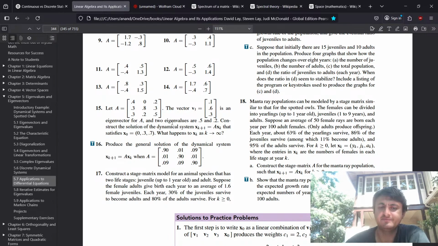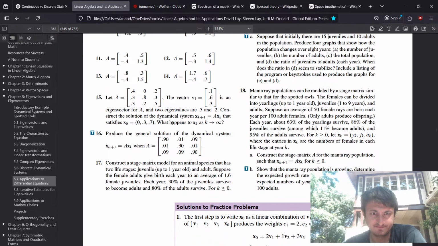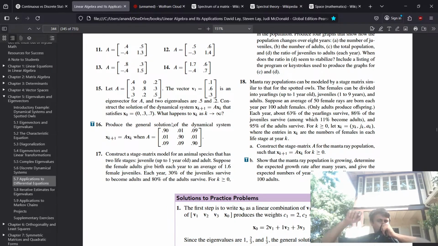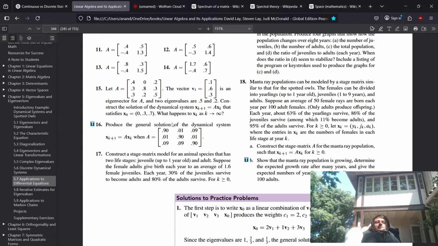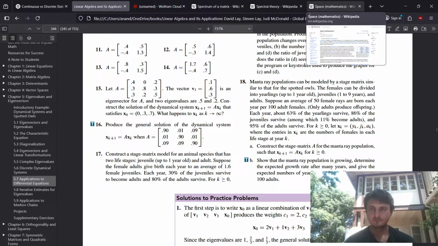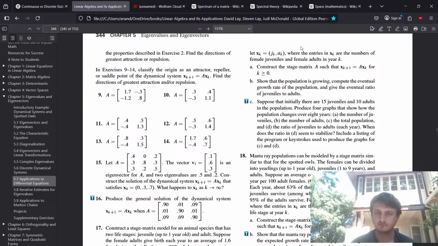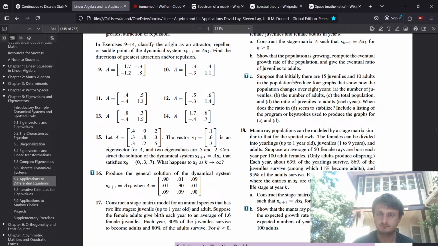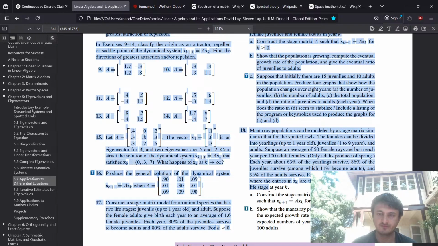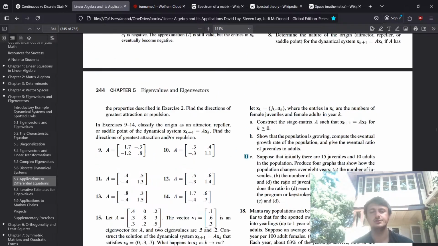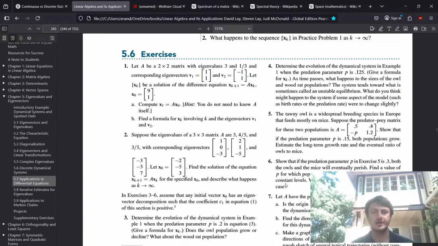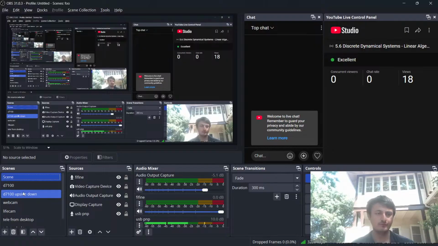We'll do 15. 15 is kind of strange. I'm not really feeling these applied problems. Let's just get back to 1. So we can hop over here.